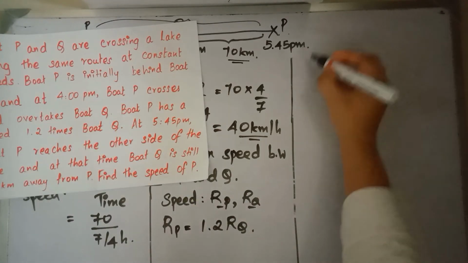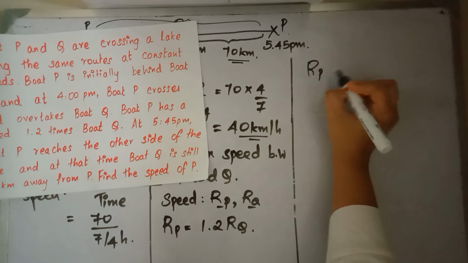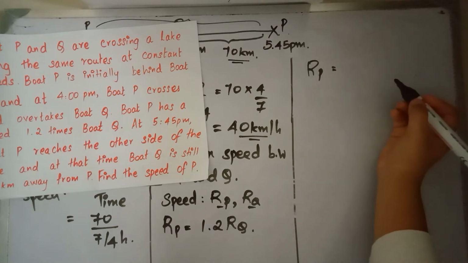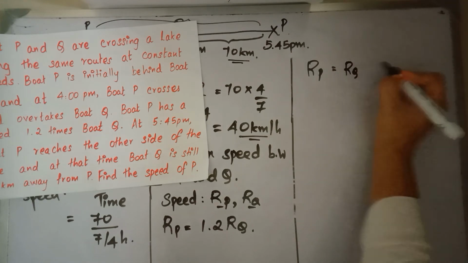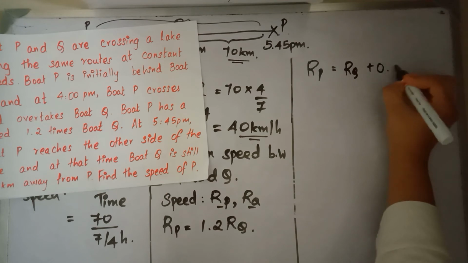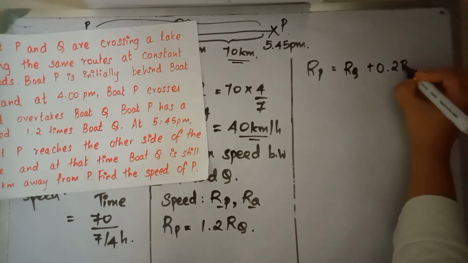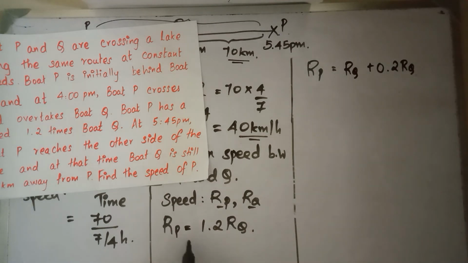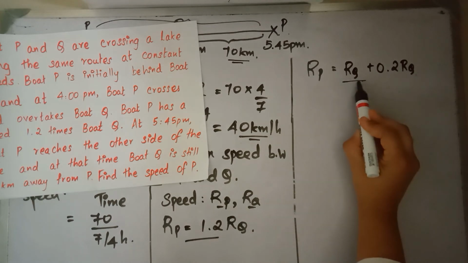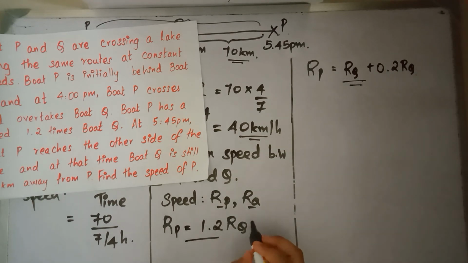Now RP will be equal to RQ plus 0.2 RQ. Can this statement be written as this? Yes, because 1.2 can be divided into 1 RQ plus 0.2 RQ.